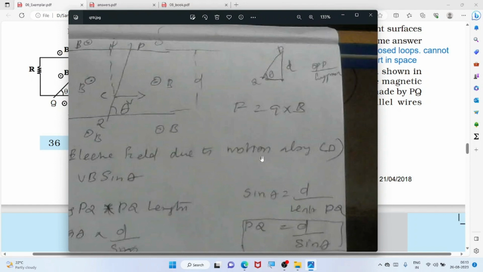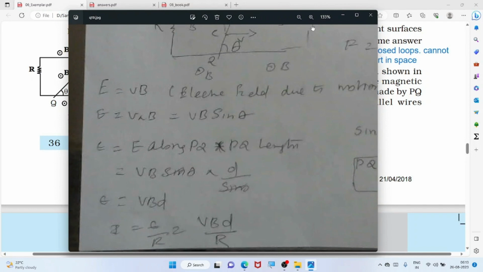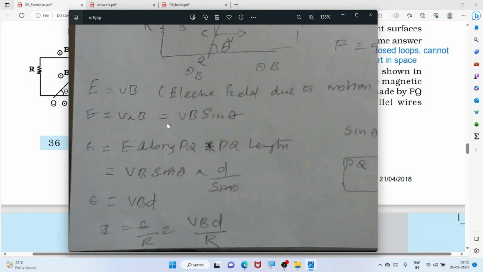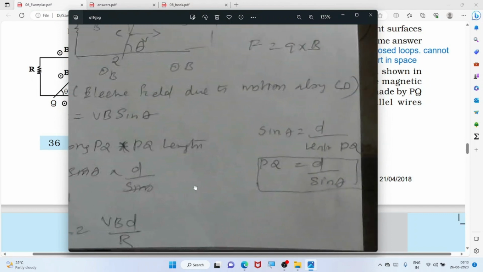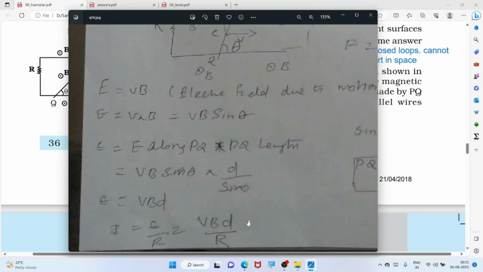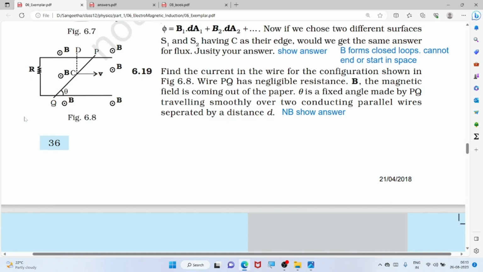So vB sin theta times the length gives vBd. This is the EMF. This divided by resistance will give the current.